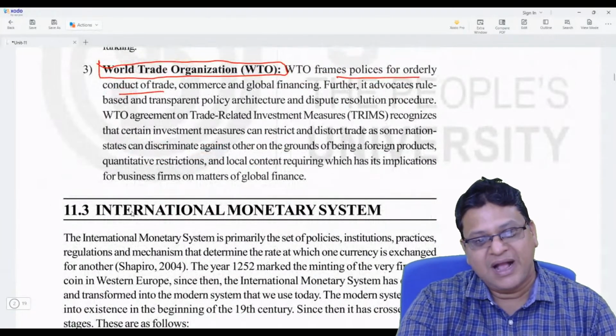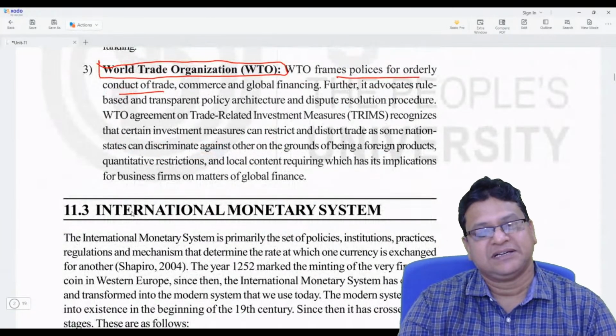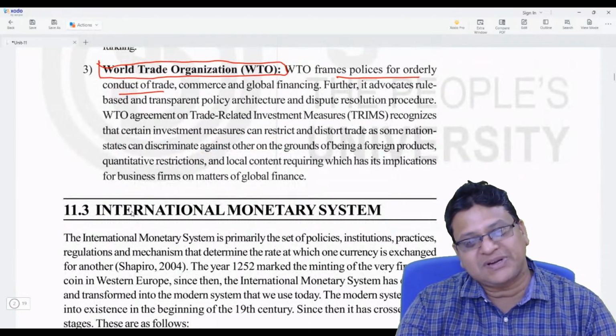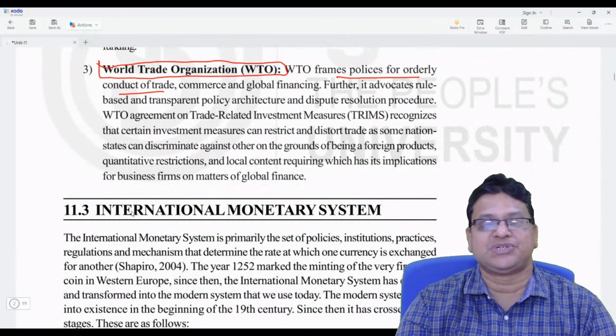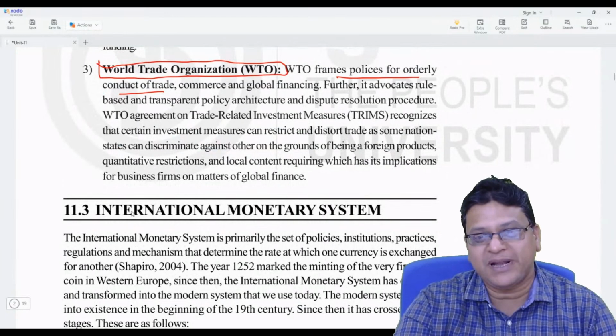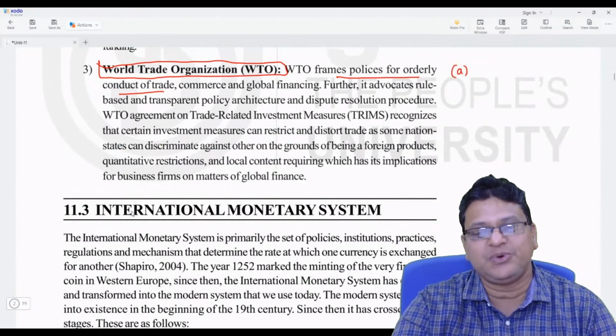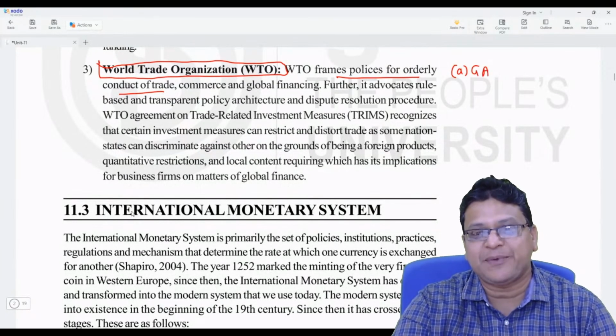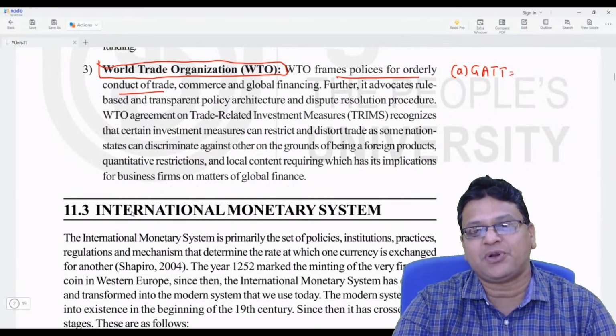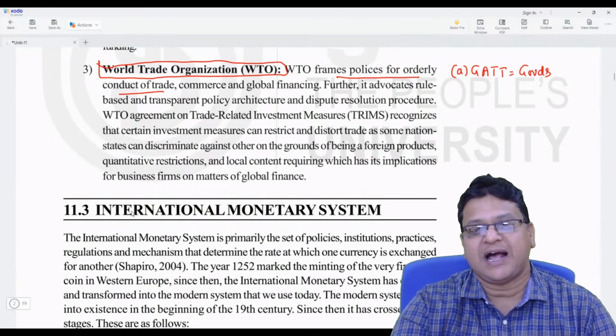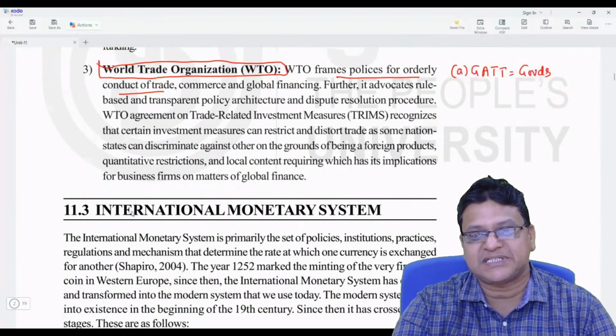WTO has certain agreements and the member countries sign those agreements. One of the most important agreements signed under WTO is the GATT agreement. GATT agreement is for goods. The international trade of goods is conducted as per GATT agreements. Another is the GATS agreement.